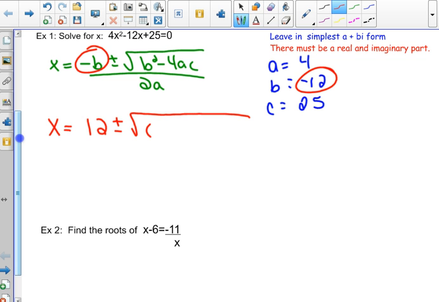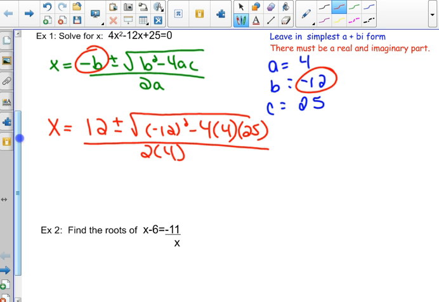When you enter a negative 12 squared in the calculator, make sure you put parentheses around that negative sign, otherwise the order of operations gets a little funky. And on the bottom, 2a, which is 2 times 4, so we could just make that 8.